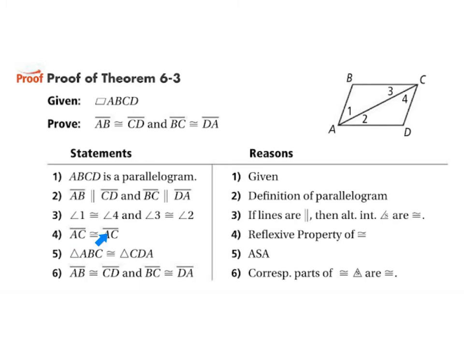Now, we know that AC is congruent to itself, by the reflexive property. And so what we then have is angle, side, angle, congruence between the triangles. And if we have that, then we know that any corresponding parts of congruent triangles will be congruent. So we've proven that AB is congruent to CD, etc.